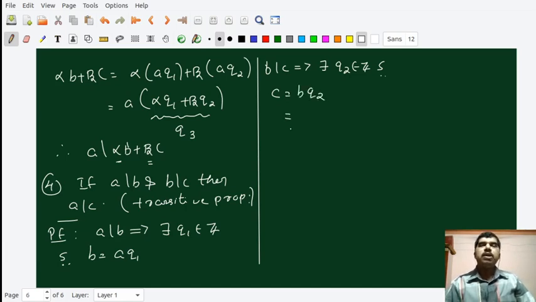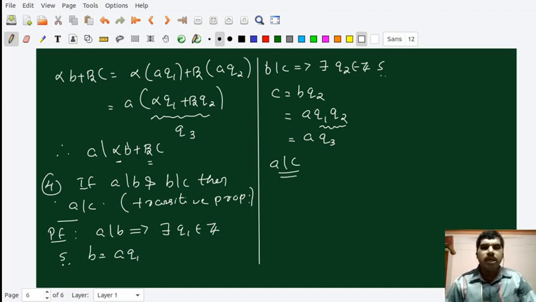But we want A to divide C. Therefore, we want to bring A and C together. We have a relation between C and B and a relation between B and A. So in the place of B, we will bring A here. B is equal to A q1. Therefore, C is equal to A q3, if we call q1 q2 as q3. Therefore, we get A divides C, and that's what we wanted.